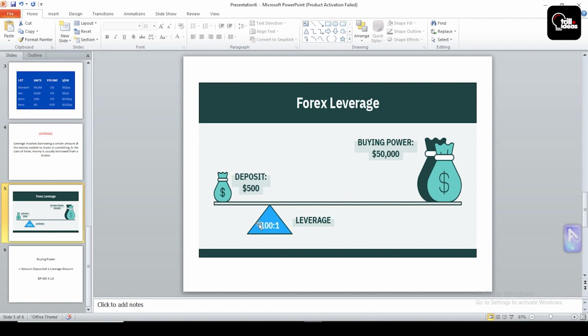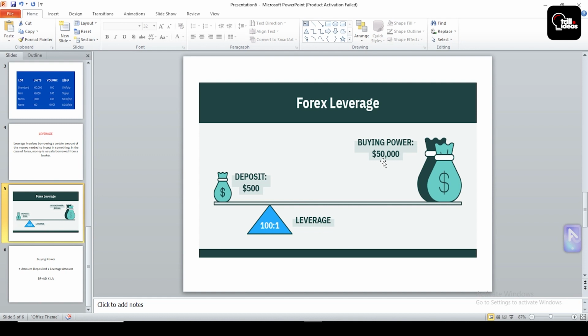What you are simply doing is multiplying this 100 by the capital you deposited, which will now be equivalent to your buying power of $50,000. So you calculate it, $500 times 100 leverage, which will be equivalent to $50,000 here. That is your buying power.